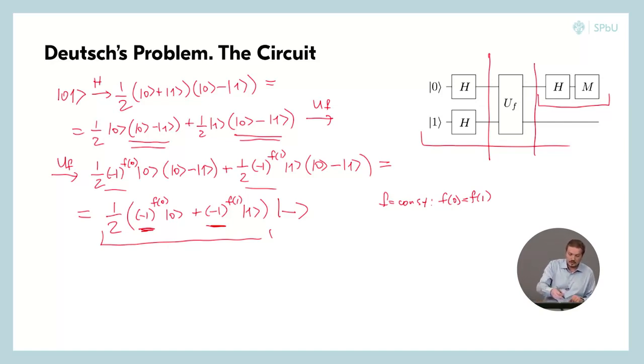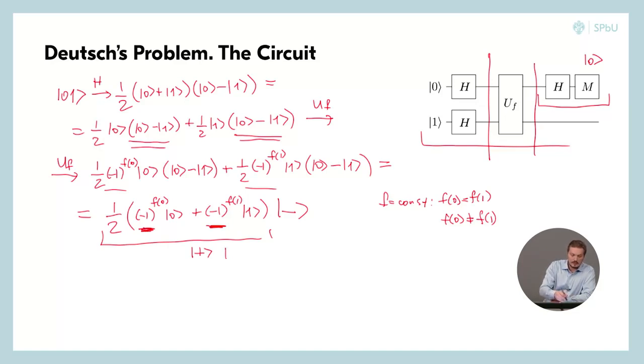And here we have just vector plus. And after we apply Hadamard to it, it will be 0. And if f of 0 does not equal f of 1, which is true for any balanced function, then these powers are going to be different.